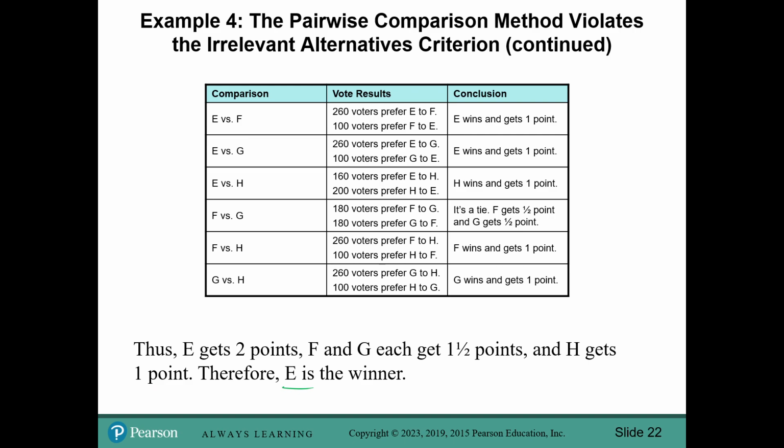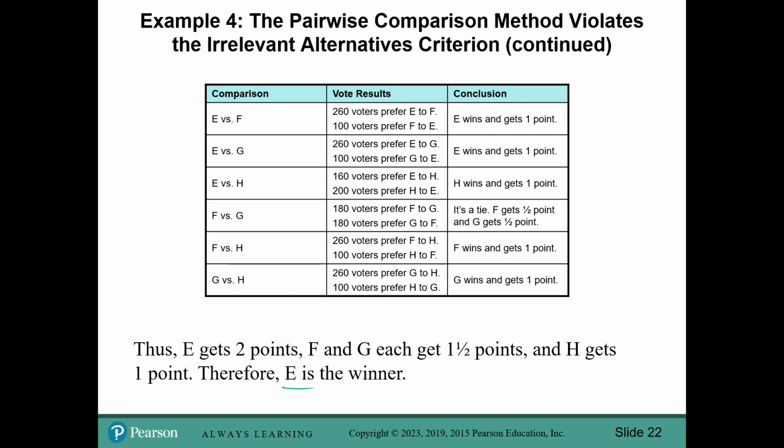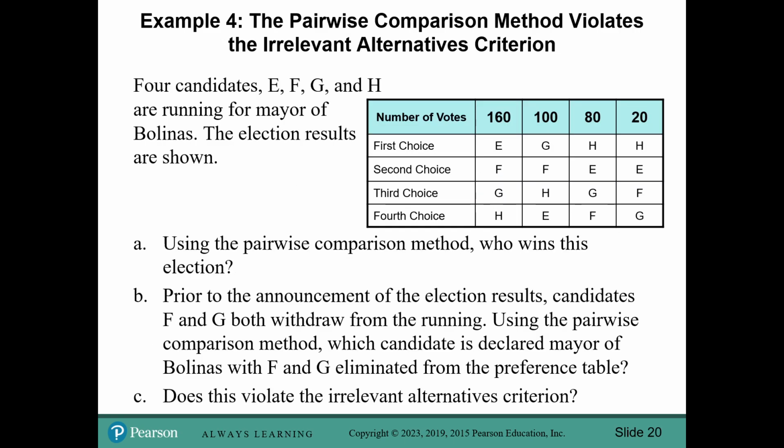Like I said, if you need a review of the pairwise comparison method, you're going to have to go back to 13.1. Remember, that's where we go through, like if we're comparing E versus F. E beats out F in the first column. That's where it gets the 160 from.